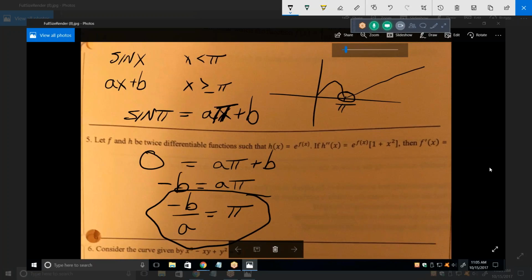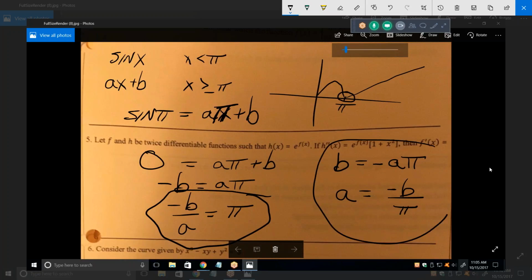So b is equal to minus a pi. That's what b is equal to. And a is equal to minus b divided by pi. Now, I haven't come up with a numerical value for a because there are literally an infinite number of answers for that.